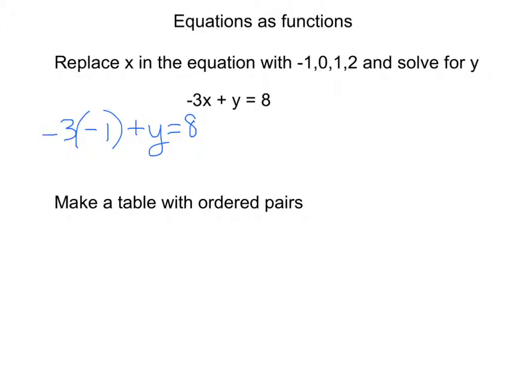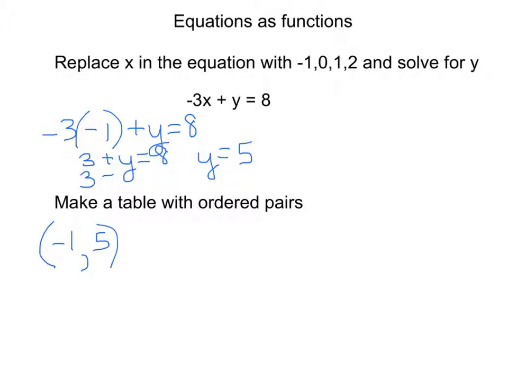So when we're doing equations, -3 times -1 is 3, plus y equals 8. Then we subtract 3 from both sides to get y equals 5. So for our first set of ordered pairs, we have the x is -1, the y is 5.